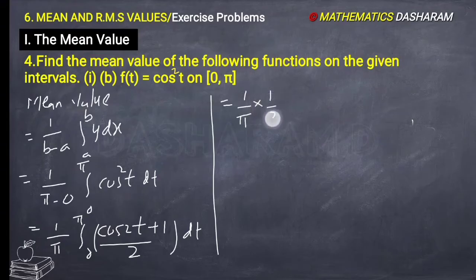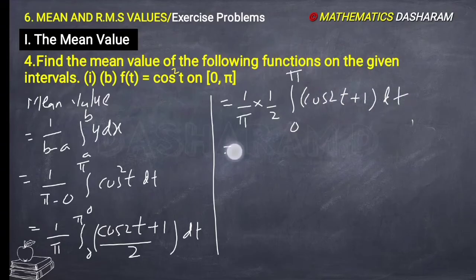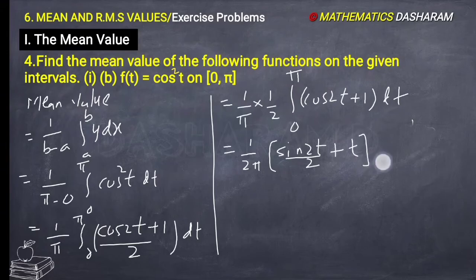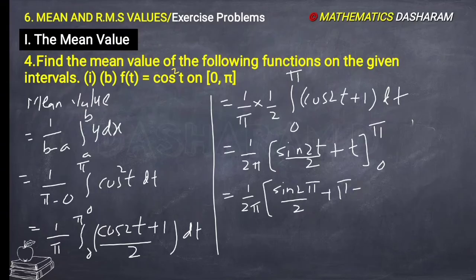Here 1 by 2 is a constant, integration 0 to pi of (cos 2t plus 1) dt. So 1 by 2 pi, integration of cos 2t is sin 2t by 2 plus t, 0 to pi. So 1 by 2 pi, here substitute the upper limit, sin 2 pi by 2 plus pi, minus sin 2 into 0 by 2 plus 0.